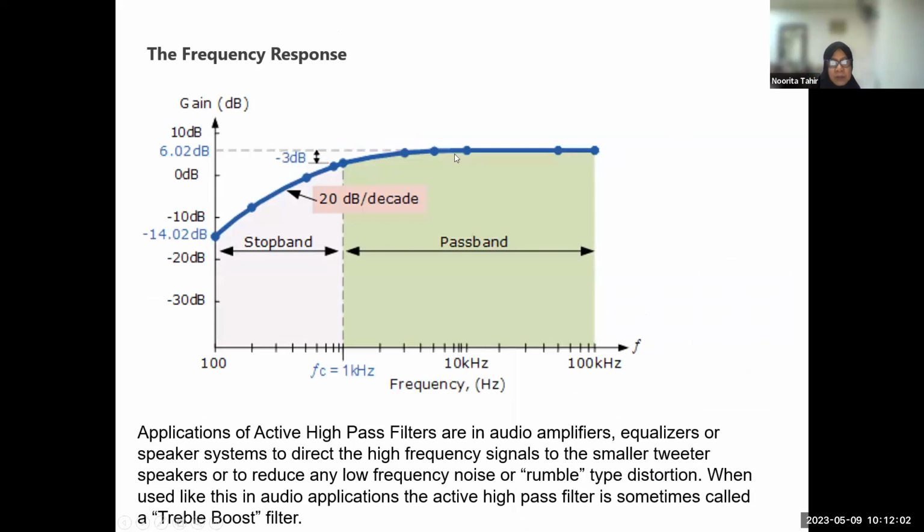We are given that the cutoff is at 1K. So anything above 1K, it will pass through. Anything below 1K, it will reject. This is actually the application of the high pass filter that is normally used in audio systems and speakers, to reject noise or sometimes distortion.